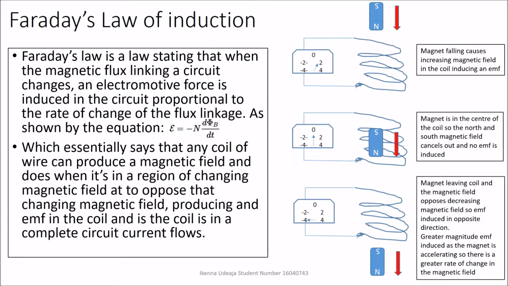As the magnet leaves the coil, there's a decreased magnetic field, so EMF is induced in the opposite direction. And as it's in free fall, it's accelerating as it goes down, so there's a greater rate of change of magnetic field and a greater EMF is induced.